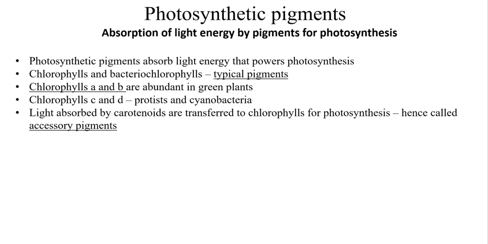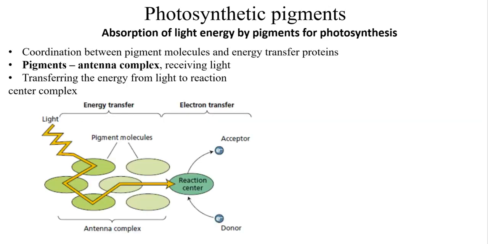The chlorophylls are the typical pigments, and the carotenoids and phycobilins are complementary pigments, known as accessory pigments. Light absorbed by carotenoids is transferred to chlorophylls. So carotenoids are known as accessory pigments and chlorophylls are the typical pigments.